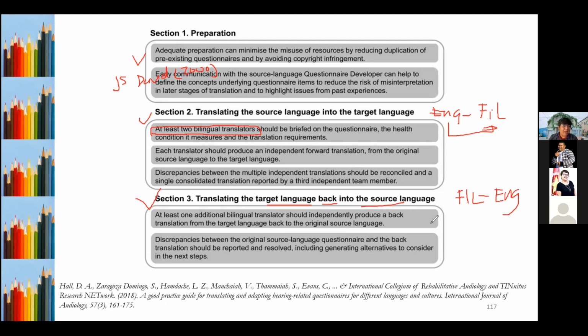Bakit tayo bumabalik ulit sa English? Simply because we need to assure that the consistency ng meaning hindi nawawala. Kapag binalik natin siya from Filipino to English, pareho pa rin ang meaning ng mga statements natin. So tawag natin doon back translation. So that is actually step number 3.